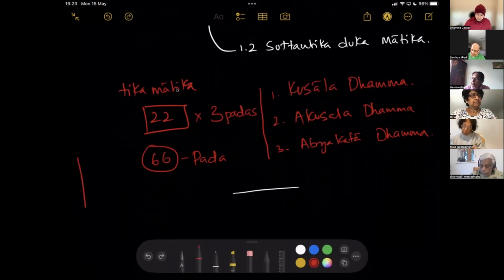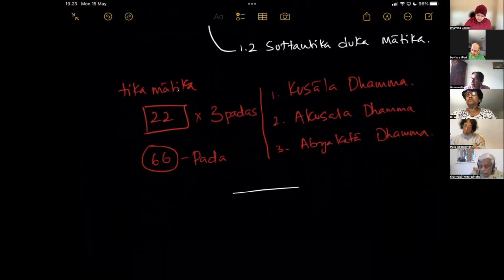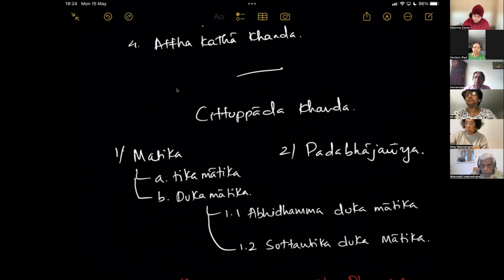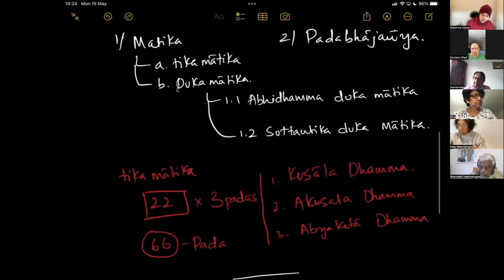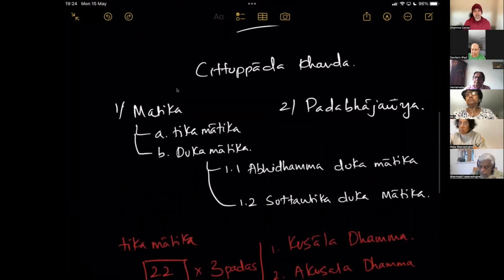Here we found there was Tikamatika, and Dukkamatika is divided into Abhidhamma Dukkamatika and Suttantika Dukkamatika. Now we know what Tikamatika is and why it's called Tika, and what's the difference between Tika and Dukkha. Is that clear, everyone? Because Tika would have 3 padas under it, Dukkha would have 2 padas under it, right?